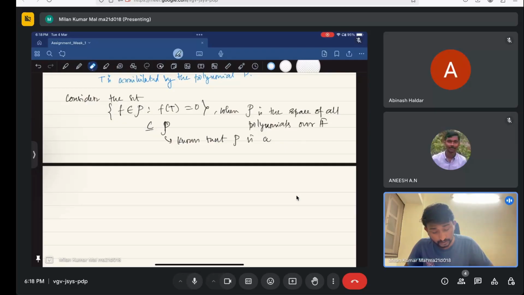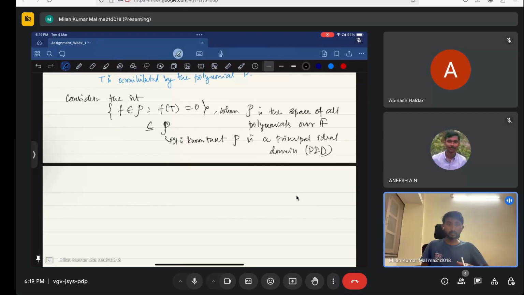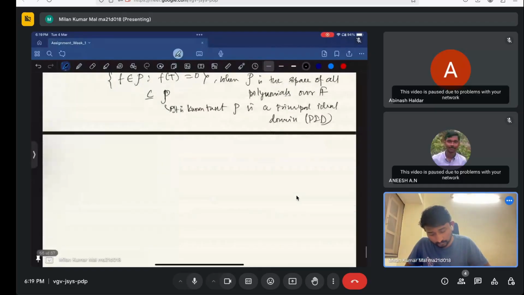So what does a principal ideal domain actually do here? For a principal ideal domain, if we consider an ideal of that set, then it will have a generating element. So that's why there will exist one, and also, an important thing is that this set is non-empty.